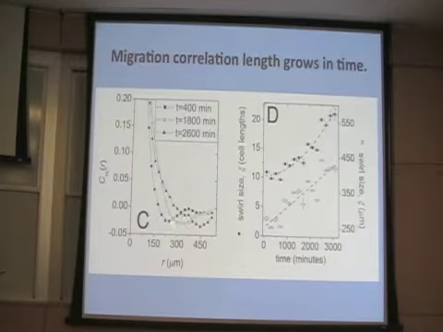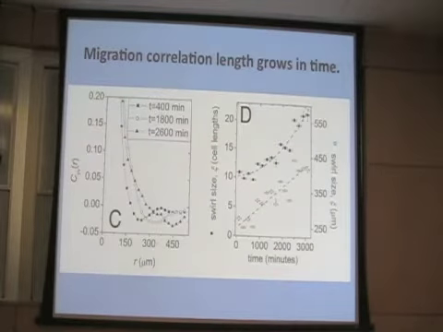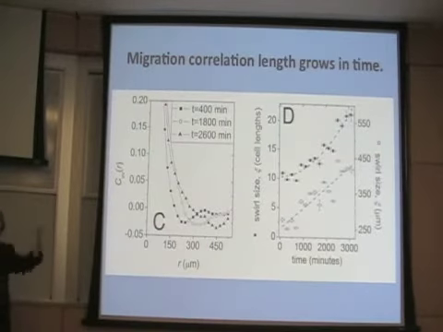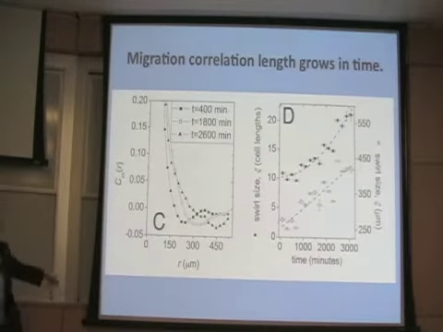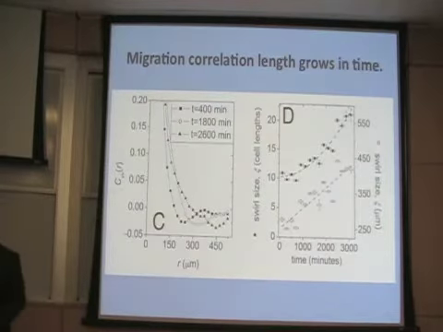We take this negative minimum as basically, if you have a velocity vector here and you look some distance away, they're going in the opposite direction, and that defines a domain over which they can move together. And you can see that correlation length grows as well in time, whether you plot it in microns or in units of cell lengths.